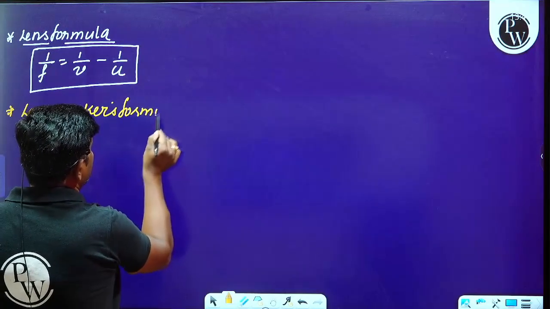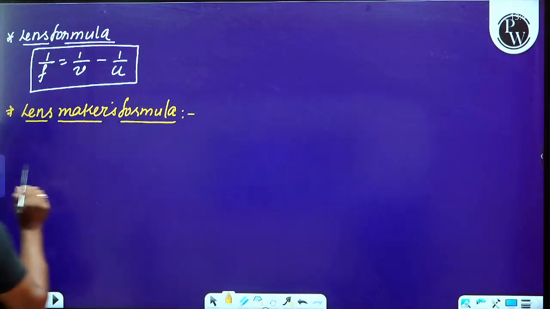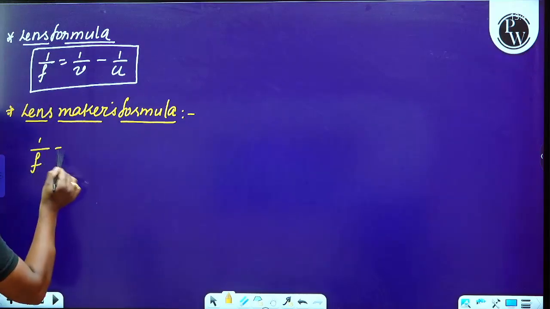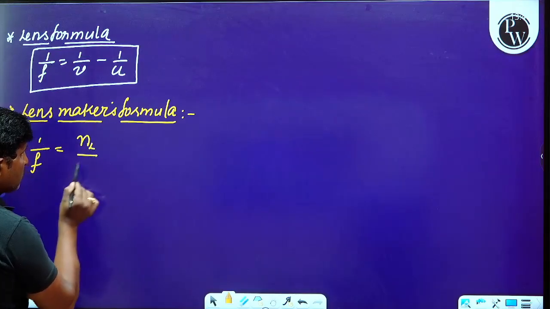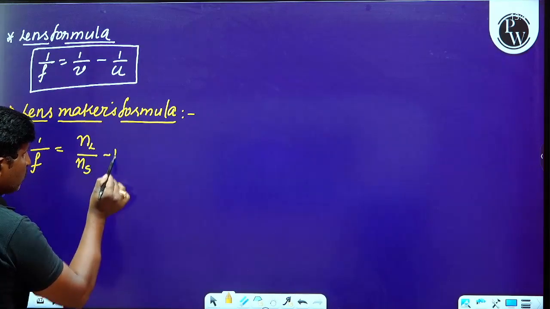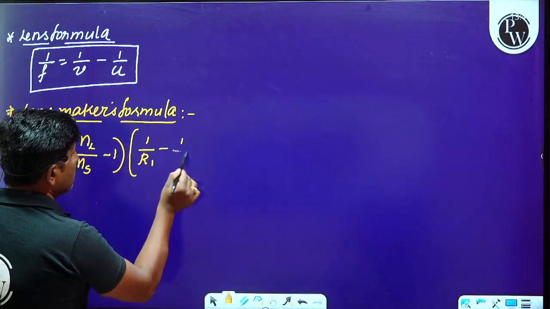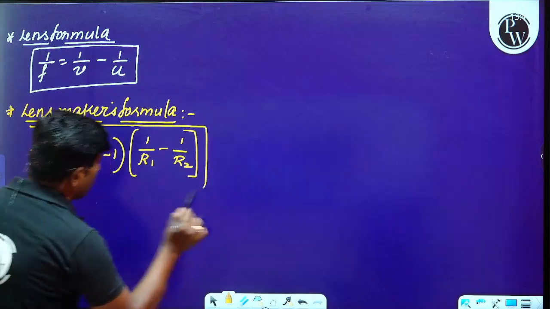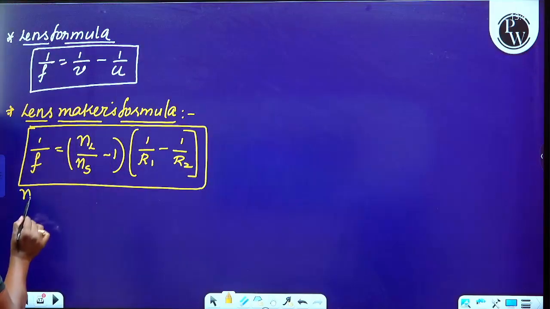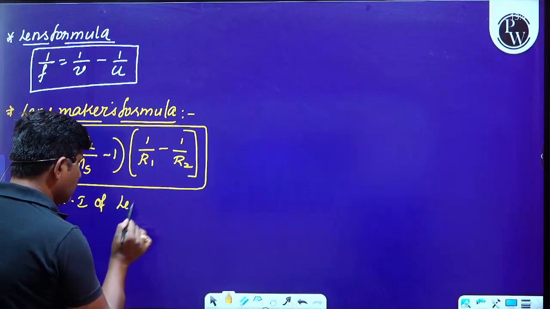Okay, so please follow these things. The lens maker's formula is 1 by f is equal to (refractive index of the lens divided by refractive index of the surroundings minus 1) into (1 by R1 minus 1 by R2). We have to understand this carefully. So what is NL here? NL is the refractive index of the lens material.